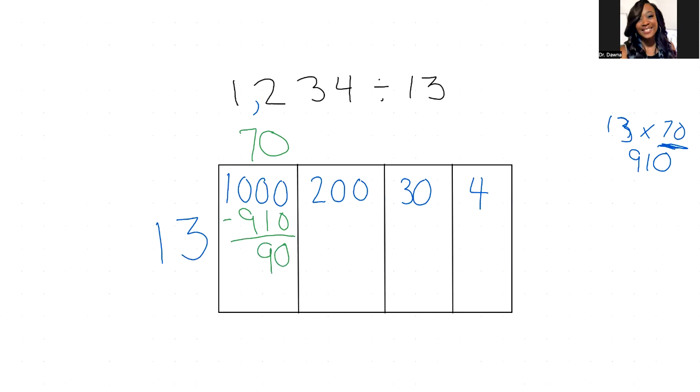What do you do? You take what is left from the box and move it over to the next box. So you got to move this 90 over here, and then that number is no longer going to be 200. Instead, your number is going to be 290 because you have to include what was in the previous box.